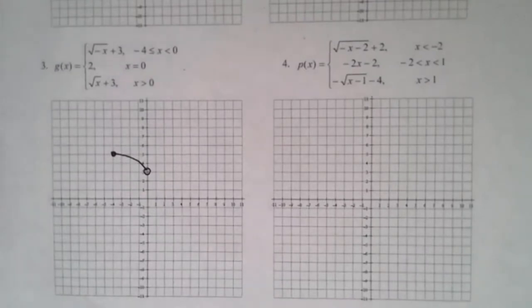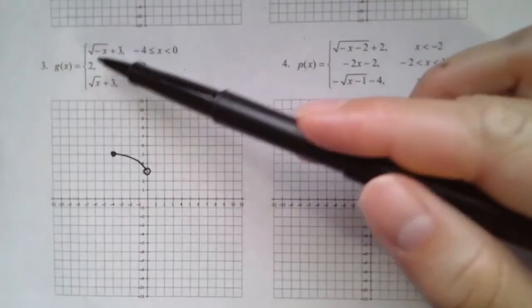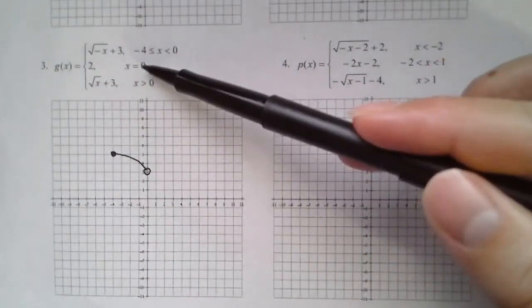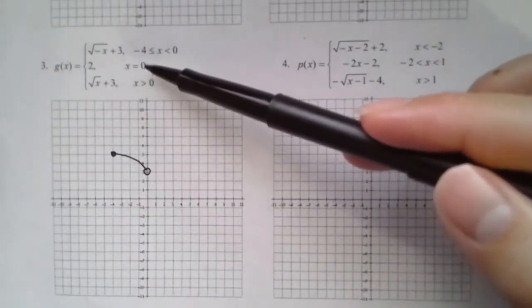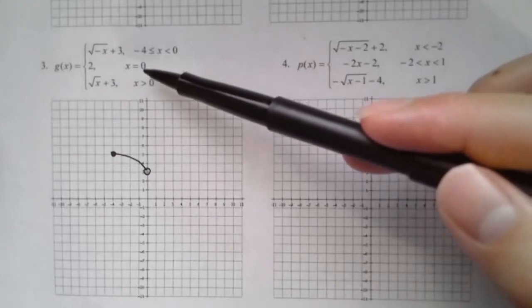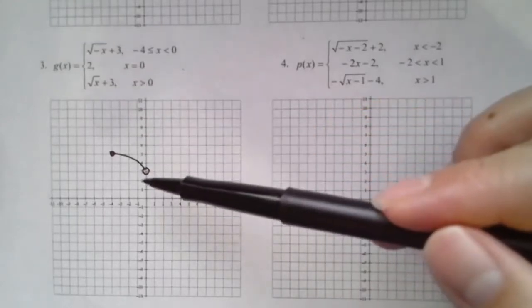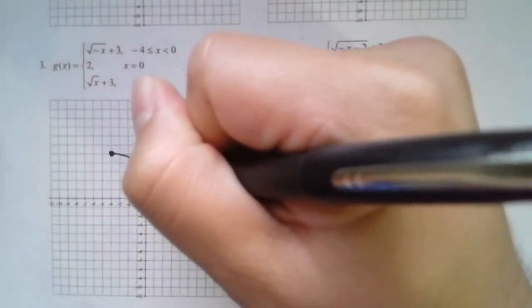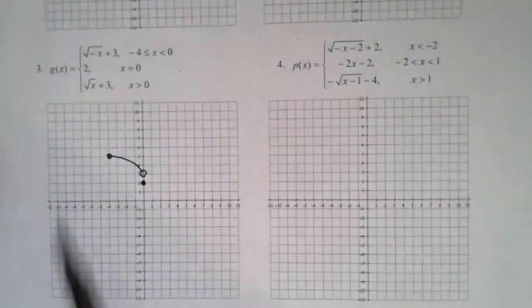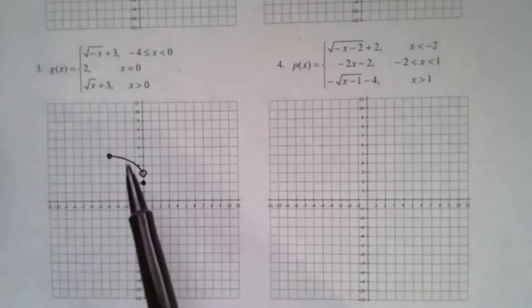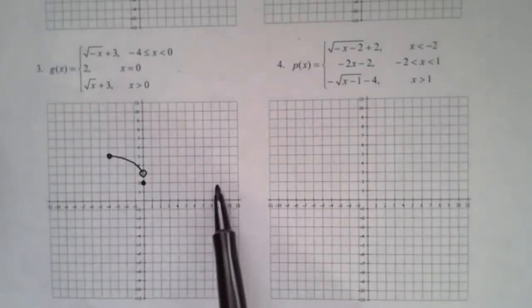For the next one, I have another horizontal line, but this is true only at x is equal to 0, which means it's just going to be a dot, a point. Okay, so at x is equal to 0, I have a dot here. And then the next one, I have the square root. Remember, it goes like this from the origin, right?